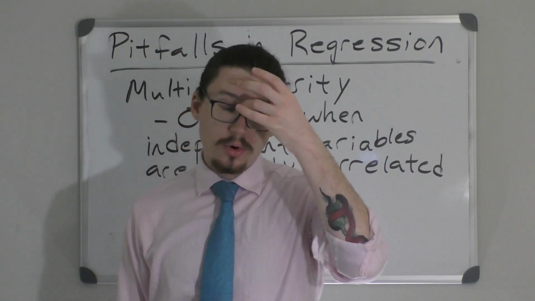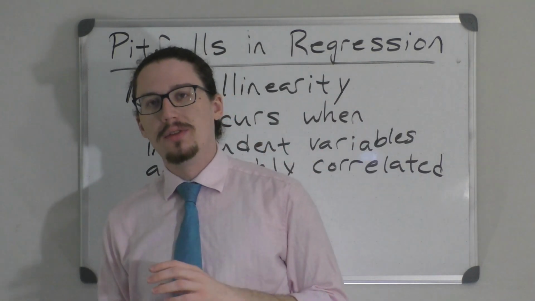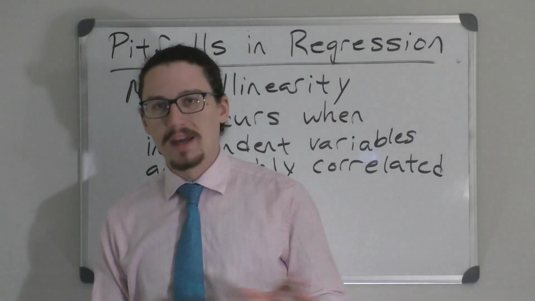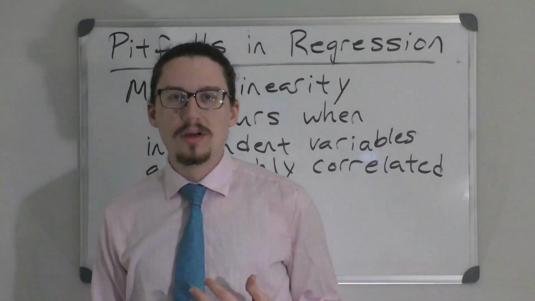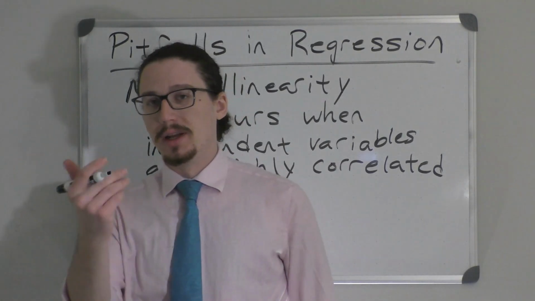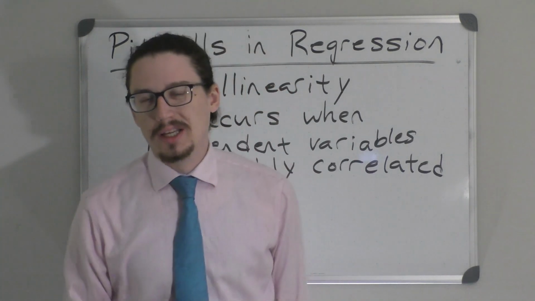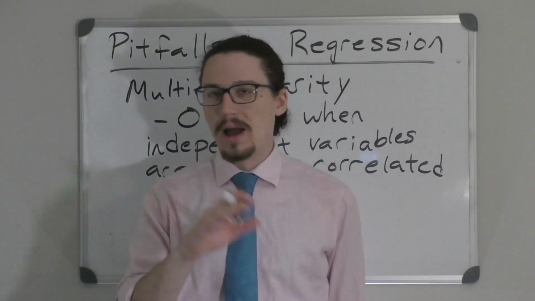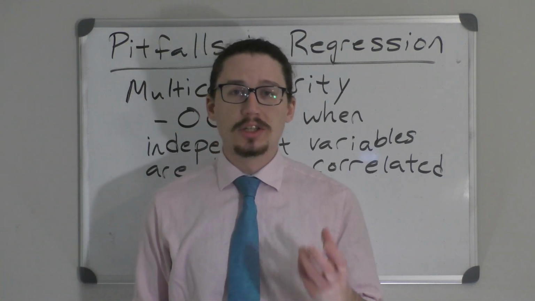In the most extreme case, where we have perfect correlation, so your correlation equals 1 or -1, then we cannot actually perform the least squares method. We can't actually estimate the equation. If you try to do it in computer software, it's just going to give you an error.